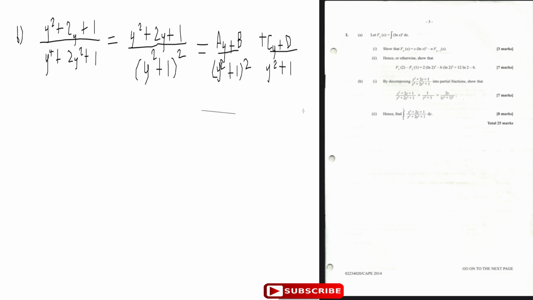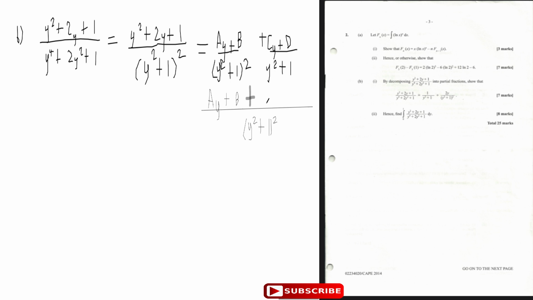So finding the LCM now, yeah, this is it. The LCM of these two is, of course, y squared plus 1 all squared, and this into this just leaves ay plus b, then plus, all of a sudden the writing is so much smaller.